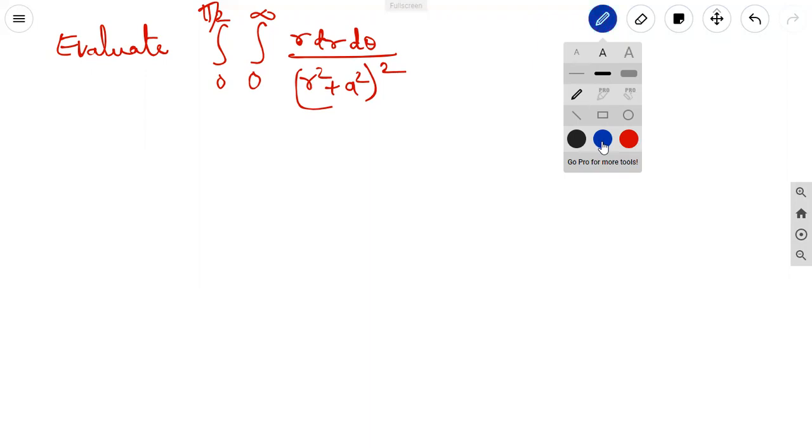Observing this problem, it is related to the double integration in polar coordinates. Okay, this is on polar coordinates.